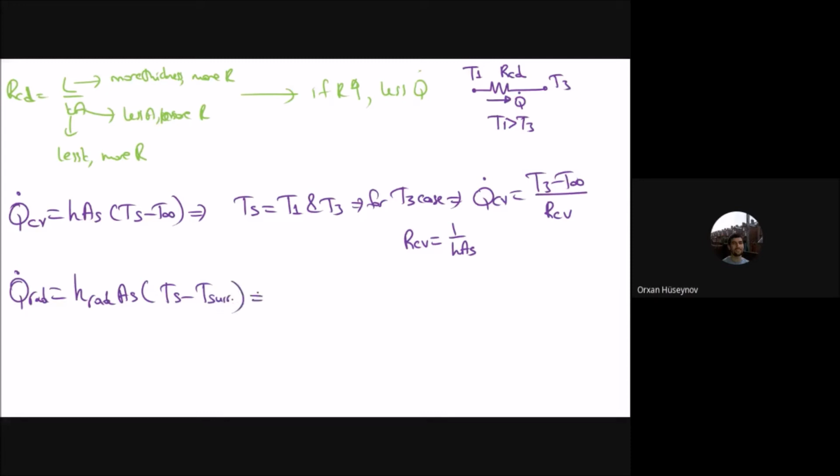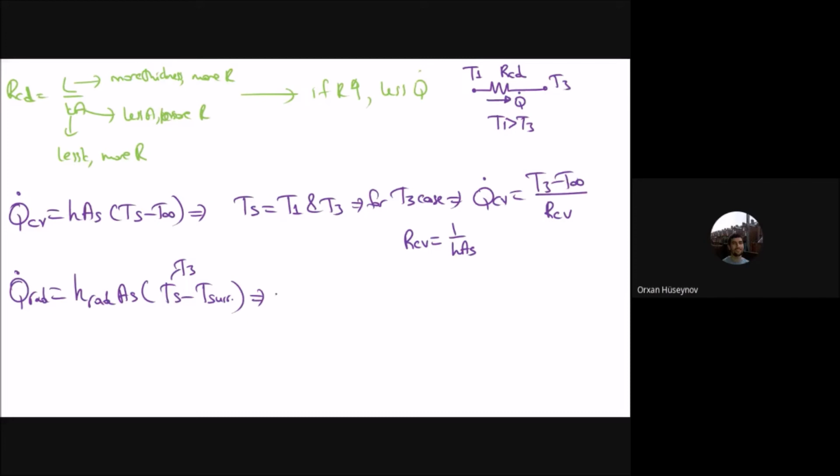So this T_s here will be T3, and you will have the surroundings. You can notice that here it is T infinity, but here it is T surroundings, because the surroundings may be at a different temperature than the infinity temperature, and you will have the heat transfer between the wall and any object that is outside the wall.